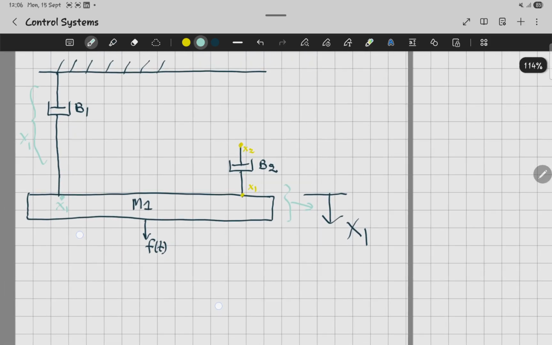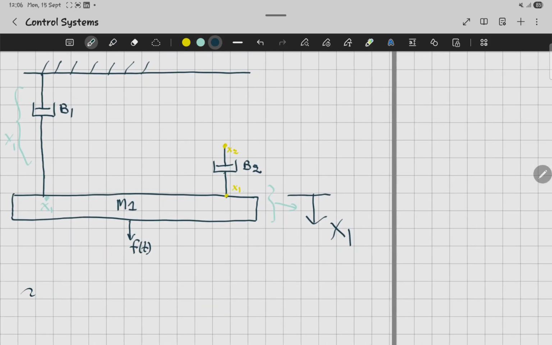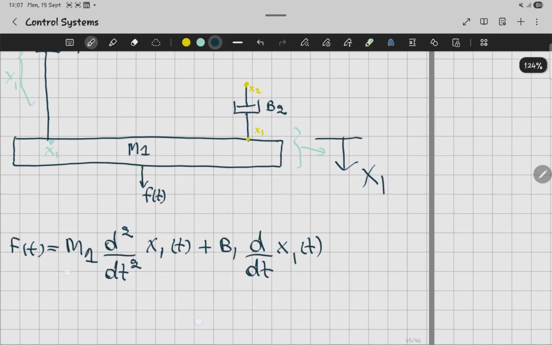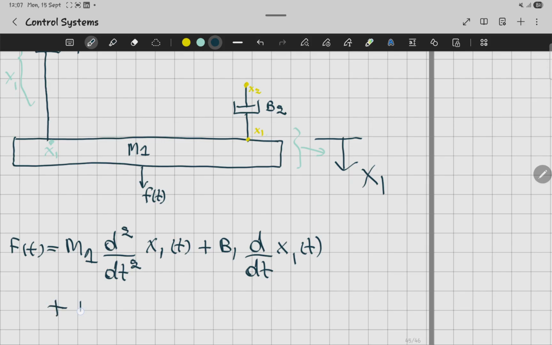So if I have to write down the equation, we'll get something like this. We'll start with Ft equals m1 d square dt square times x1 of t, plus b1 d dt x1 of t, then plus b2.